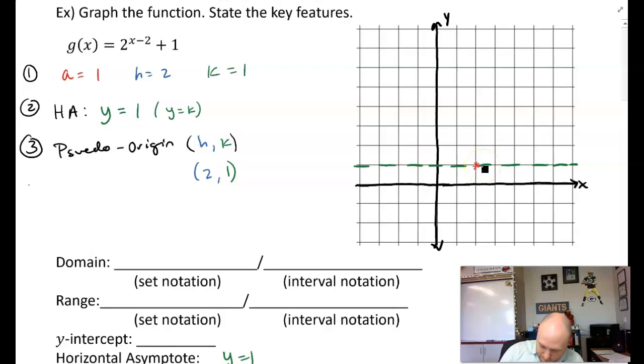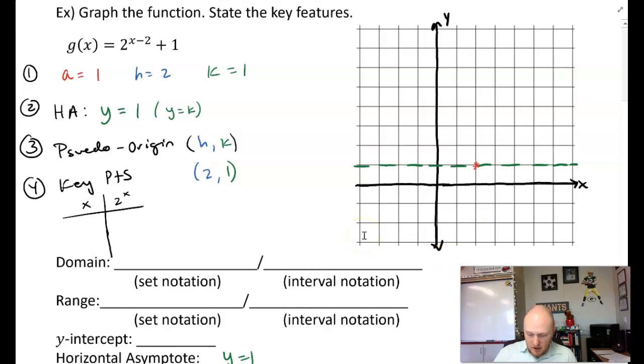So step 4, I need to plot the rest of my key points, okay? Now you're going to get these from your table, or you can generate them just by knowing what the function is. So I'm going to plug in -1. That'll give us 1/2. (0, 1), (1, 2), (2, 4), and if room permits, I'll have (3, 8).